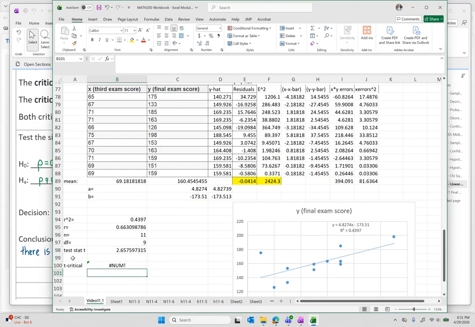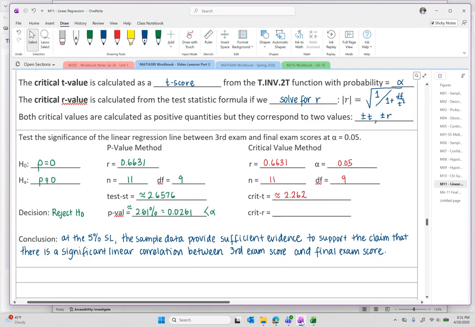And here I'm getting much better accuracy, 2.262157163. So depending on how much accuracy you need, you can use whichever method you want.